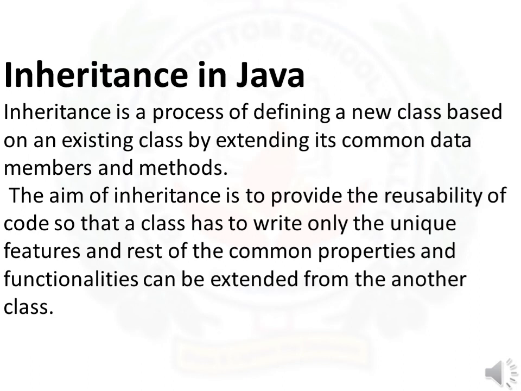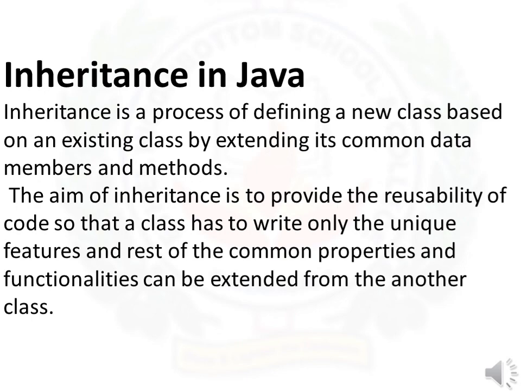Inheritance means we are producing a new class based on some class that already exists, by extending its common data members and methods. The aim of inheritance is code reusability, so that a class has to write only the unique features, and the rest of the common properties and functionalities can be extended from the other class.